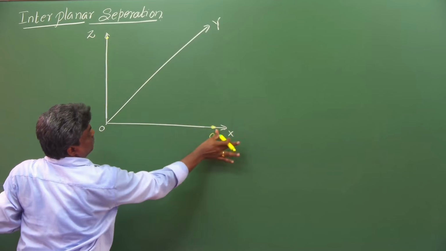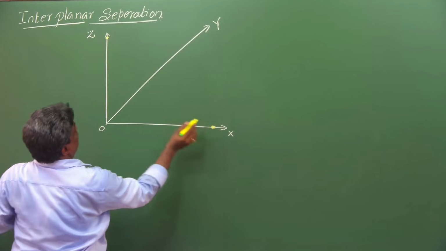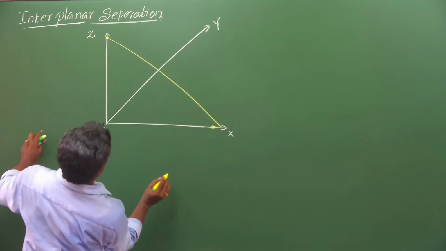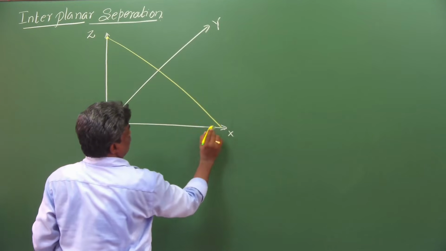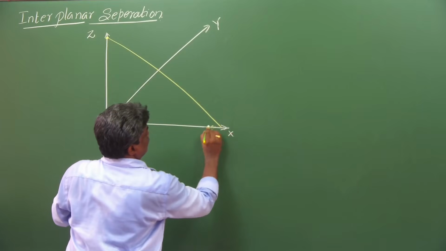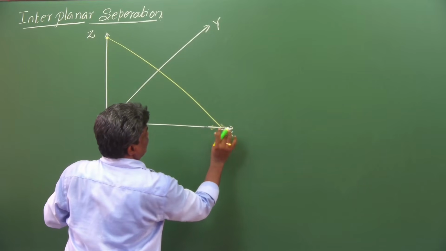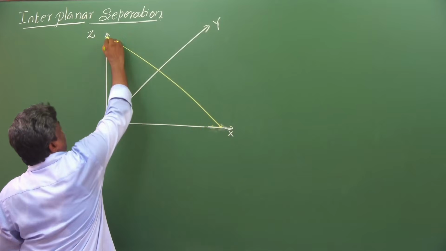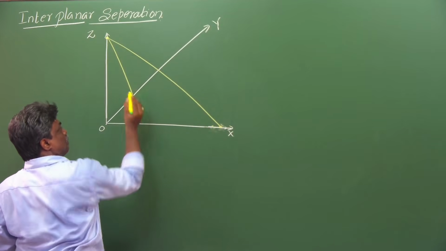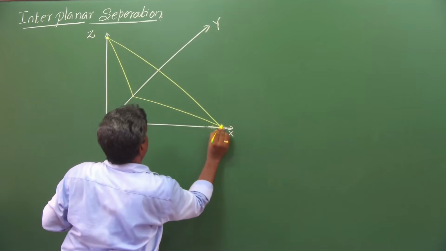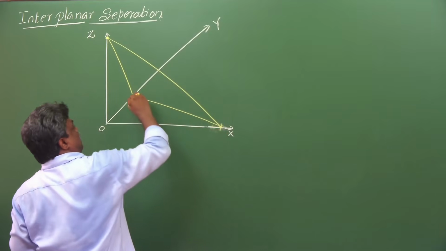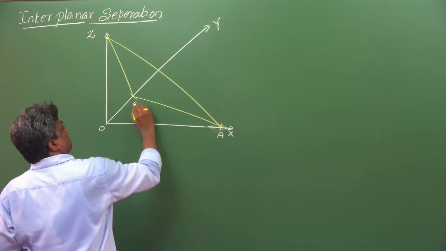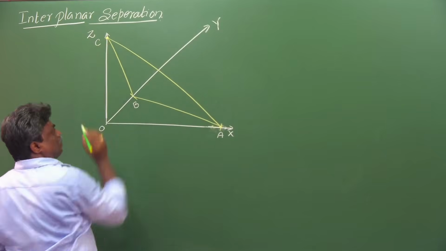Stop writing, everyone please listen. So I have taken this plane which is having an intercept OA, and this is OB and this is OC.